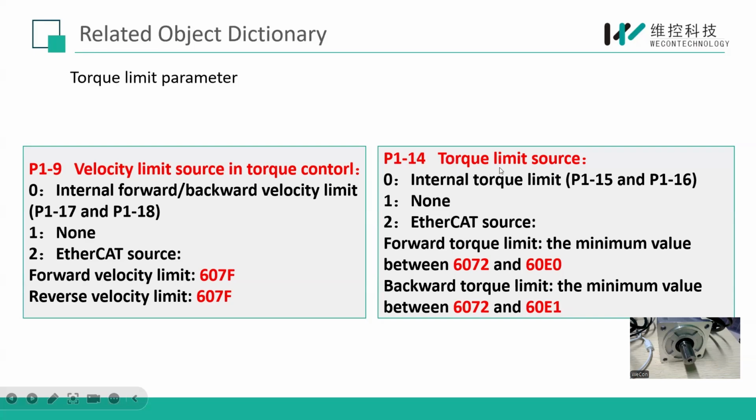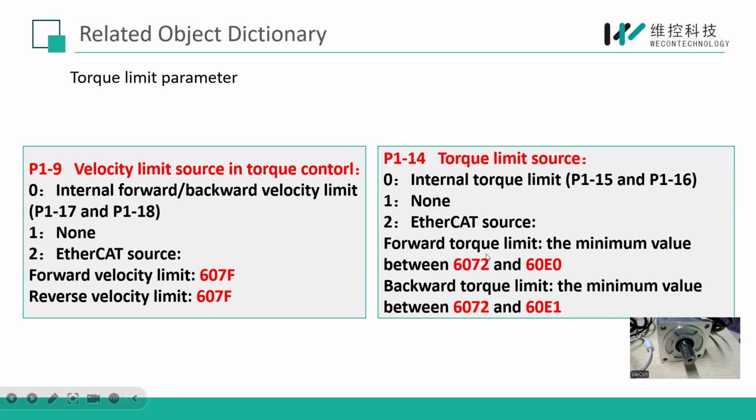For the torque limit source, we also have two selections. One is 0, which uses the internal torque limits P1.15 and P1.16. You will also find these two parameters are the same as our VD2 series. Another selection is to use EtherCAT source, which is what we introduced just now.